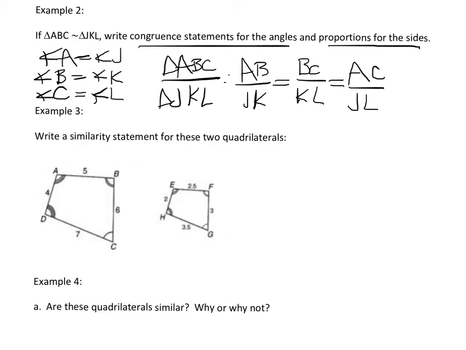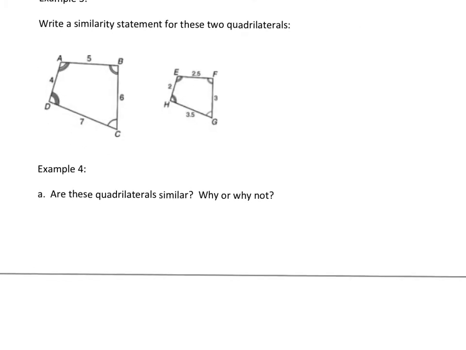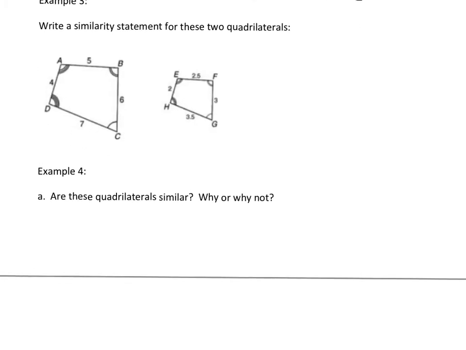Here in this next example, we're given a picture of two polygons, and we're told to write a similarity statement. And we know that they're similar because we can see all of those angle measures line up to be equal, and that those fractions, and we can double check to make sure that they are proportional, but it looks like they will be.